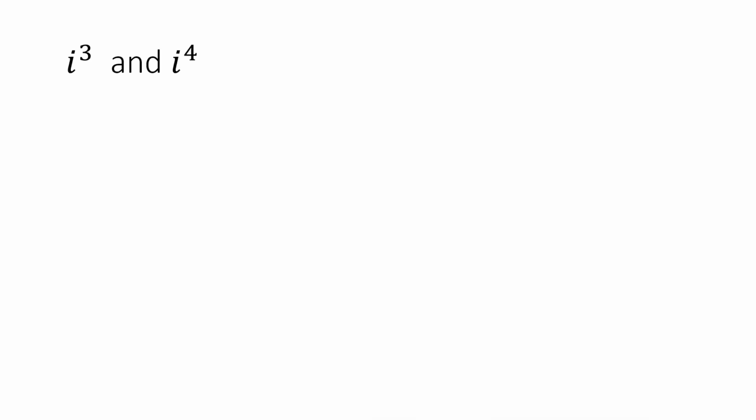Now we are going to find the value of i cubed and i to the fourth power. You know i is equal to the square root of negative 1, and i squared is negative 1. So what is i cubed? I cubed can be written as i squared times i, which is negative 1 times i, that is negative i.